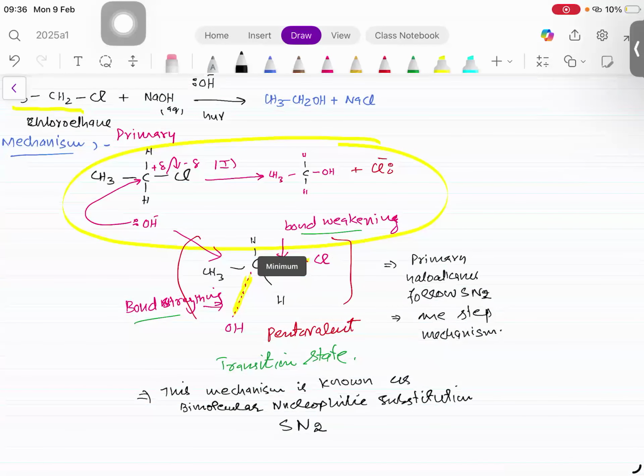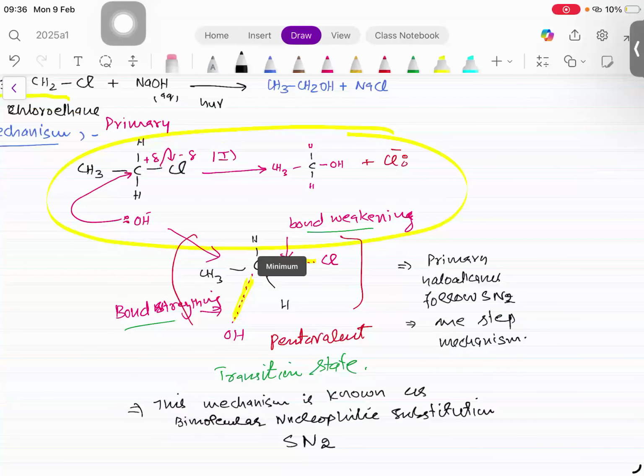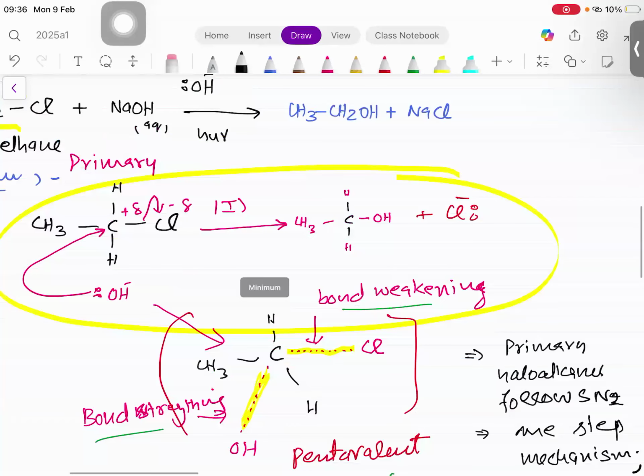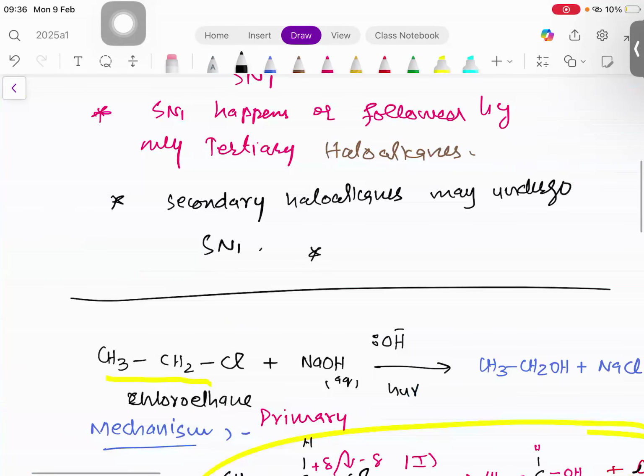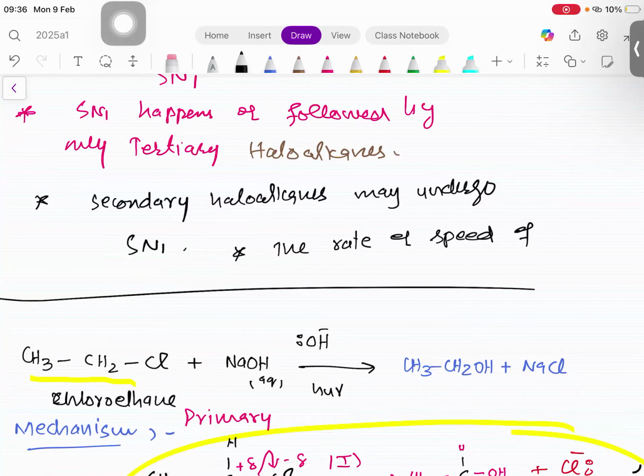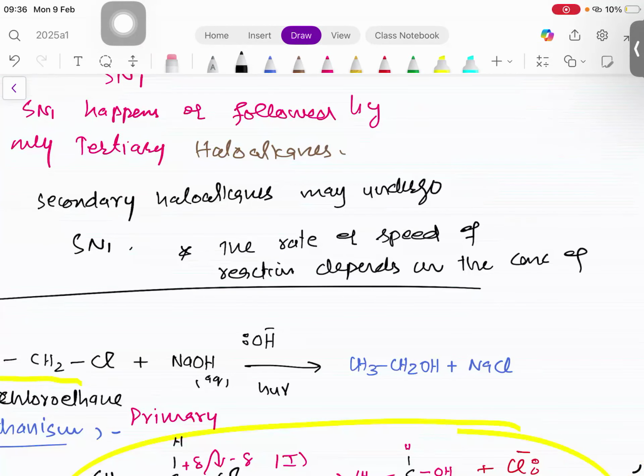So please go up and write, in SN1, the rate or speed of reaction depends on the concentration of haloalkane only.